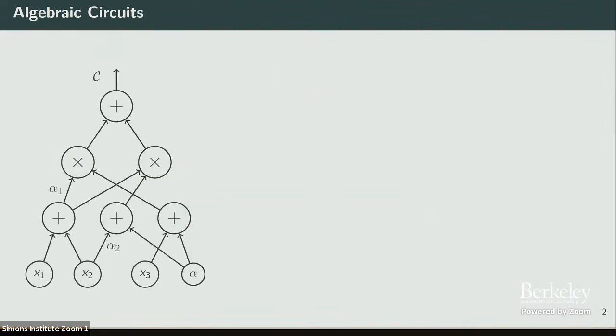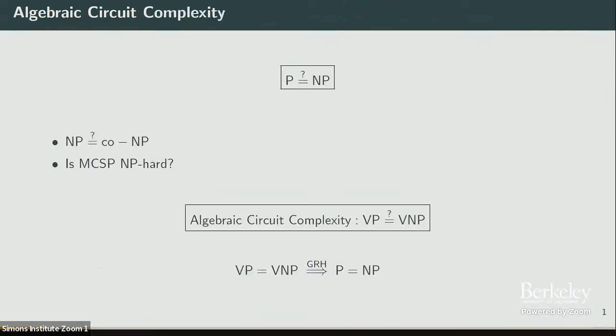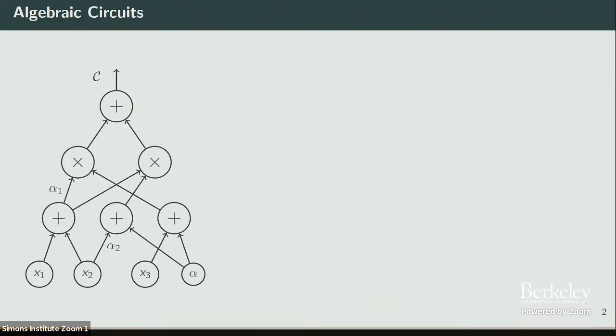So what are these classes that I spoke about, VP, VNP? The basic computational model in this field is the algebraic circuit, which has been defined before, but I'll just repeat the definition.